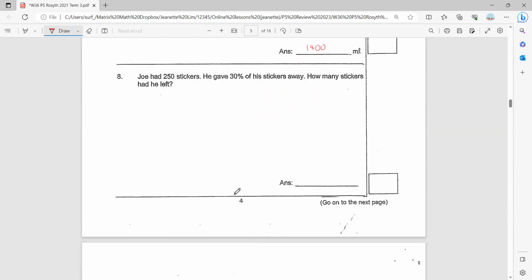Okay, Joe had 250 stickers. He gave 30% away. How many stickers had he left? Okay, so if he's giving away 30%, what's left is 70%. So let's find 70% of 250. Percentage of whole, you can do this, 70 over 100 times 250.